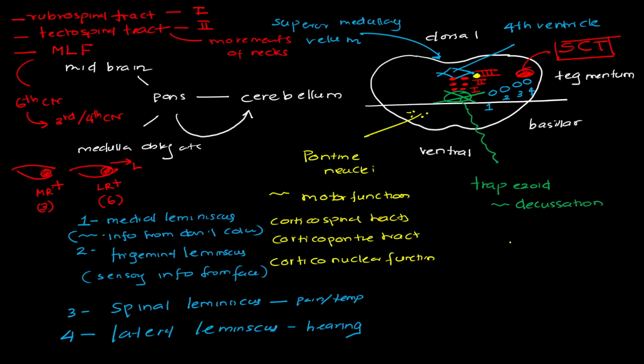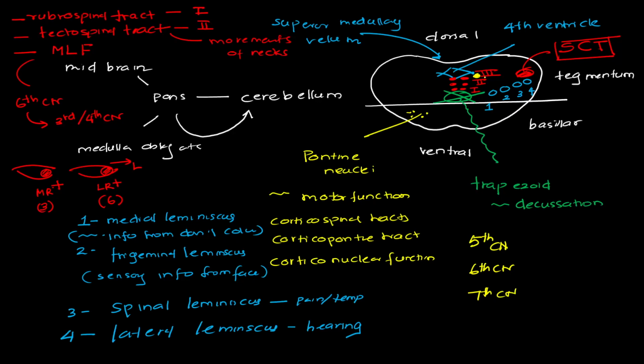The third and fourth are present in the midbrain, and also a part of the fifth as well. But the majority, which includes the fifth cranial nerve, the trigeminal nerve, both the motor as well as the sensory, are present in the pons. In addition to that, you get the sixth cranial nerve, the abducent nerve, and also the facial nerve.